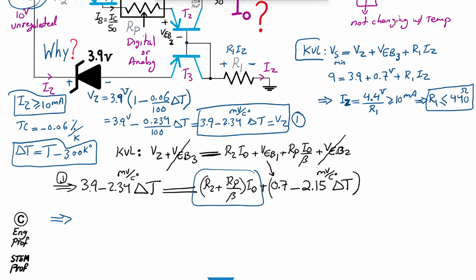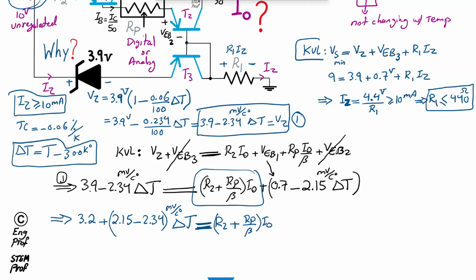So what's going to happen is I'm going to get 3.2 volt, and then we have plus 2.15 minus 2.34, and these guys are in millivolt per degree C times delta T equal to R2 plus RP over beta times I out.